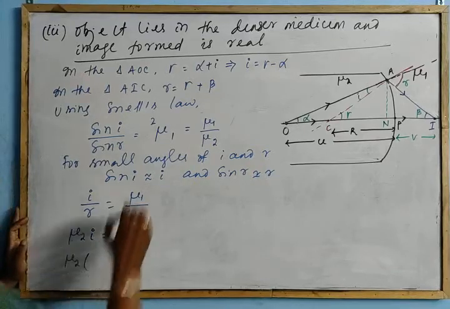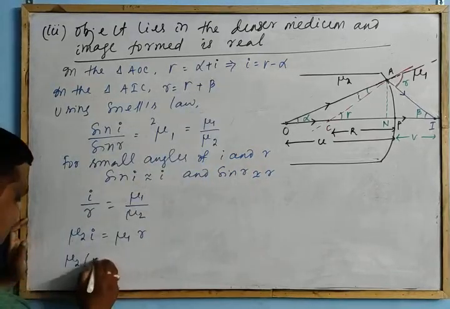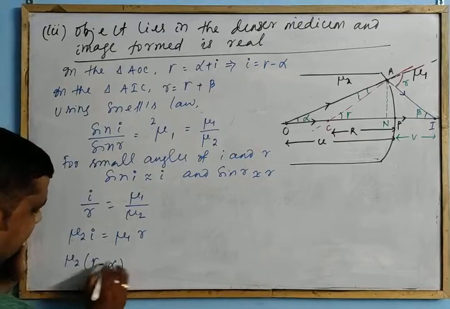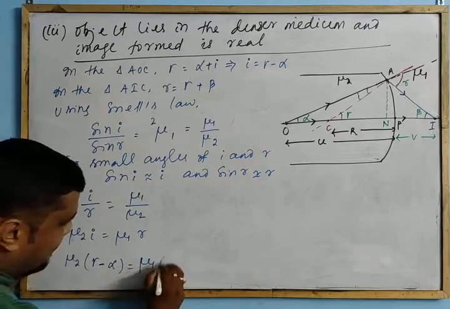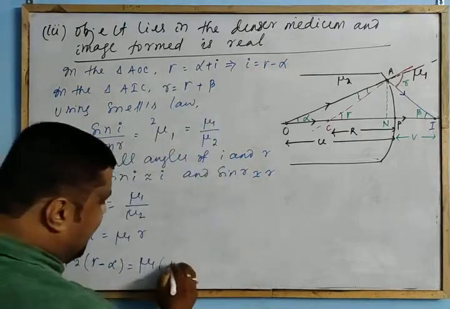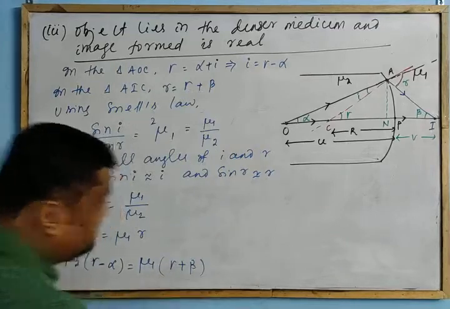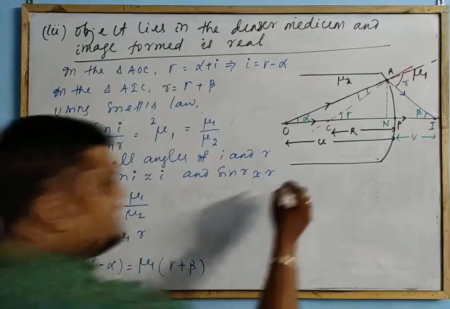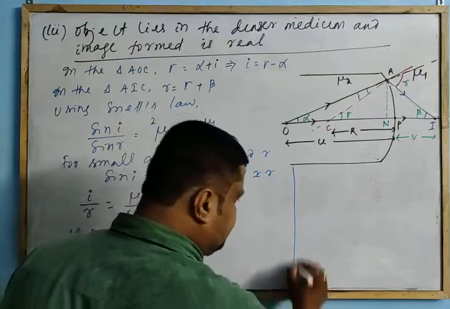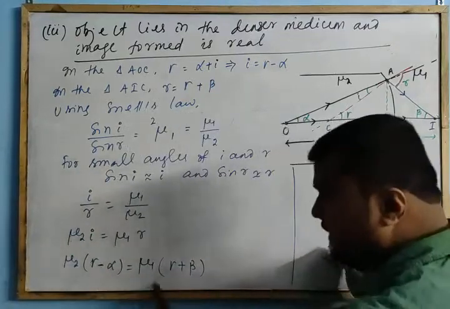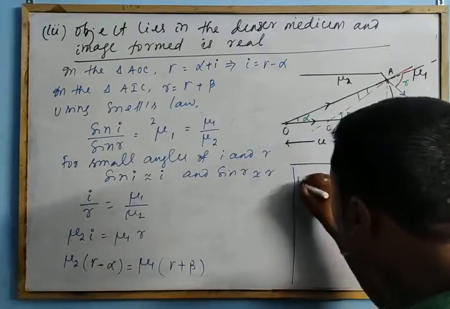Mu2 into i, what is this i? Gamma minus alpha, is equal to mu1 into r. What is r? Gamma plus beta. Clear? Now you rearrange this. Take gamma to one side, mu2.